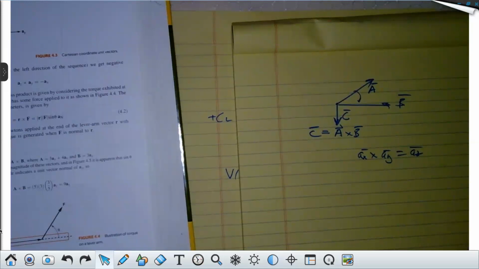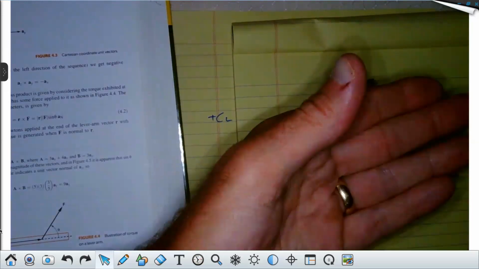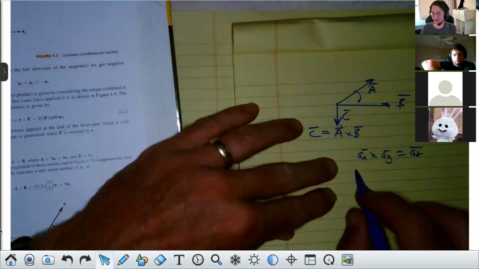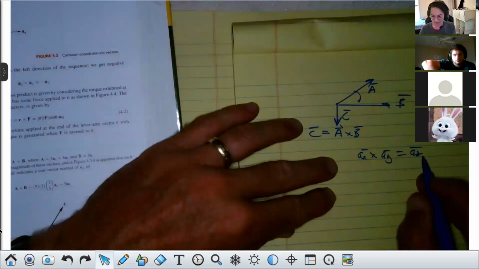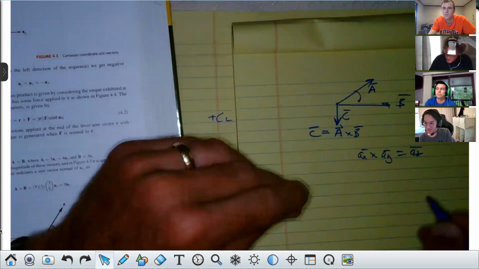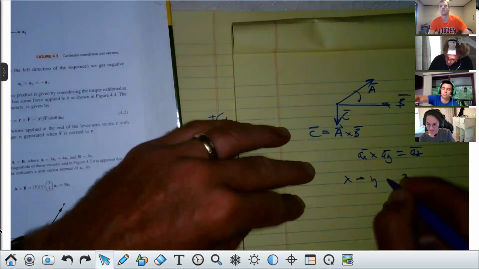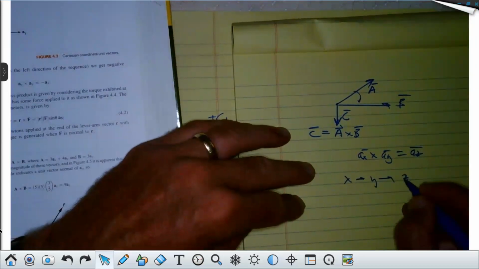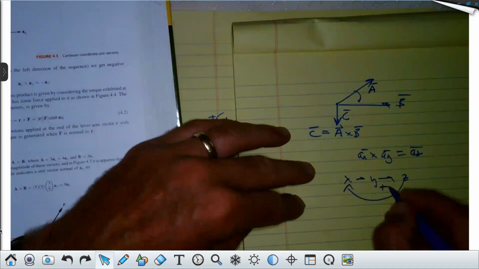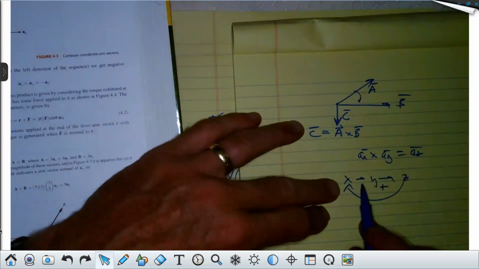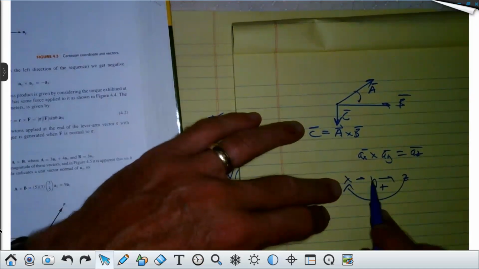Anyway, trust me on this one. This is typical: A_x cross A_y is A_z. And here's the way it's done generally. I'm going to show you a trick. Normally you put X, then Y, then Z, and put arrows this way, and then take one and go this way and put a plus sign. What it means is if you have a first vector and a second vector, this will be the third vector.